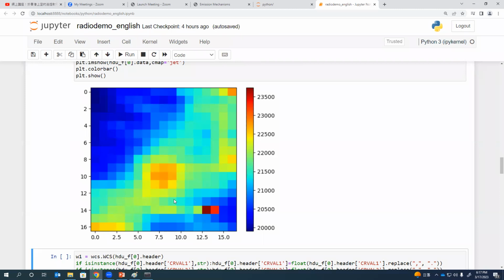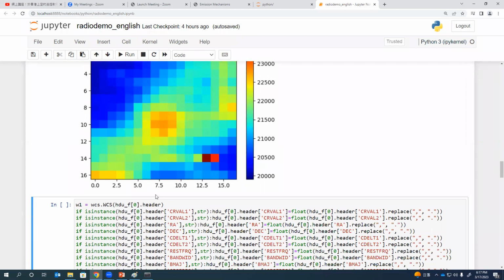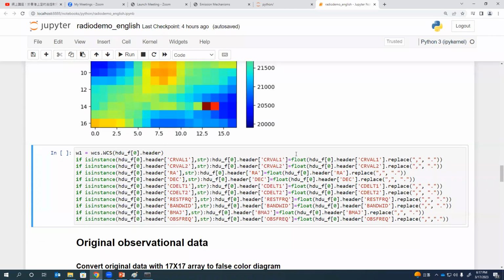In fact, this is the raw image of our Sagittarius A, the galactic center. But you may say, this is not like a galactic center. Yes, this is raw data. Please be patient. We will continue to show you the result.